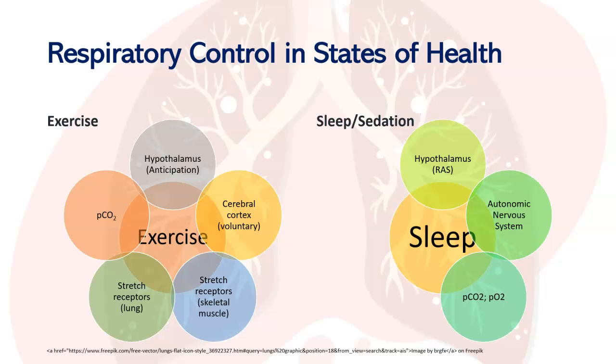We really go into a situation of automatic breathing, which is maintained at an appropriate level, because if the CO2 starts to rise or the PO2 starts to fall, our breathing will kick in.